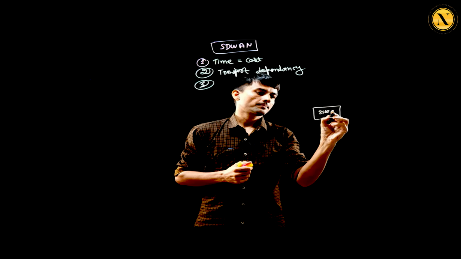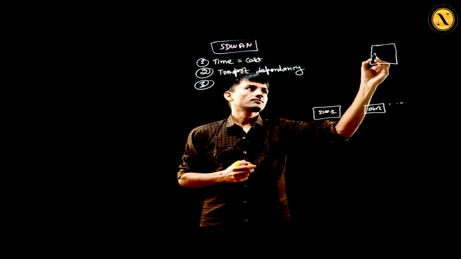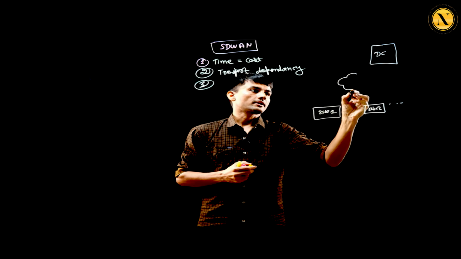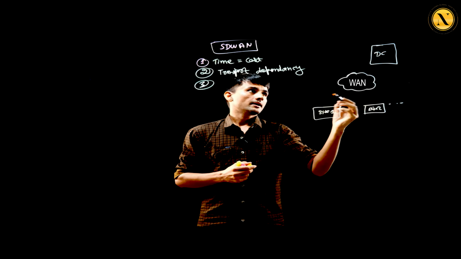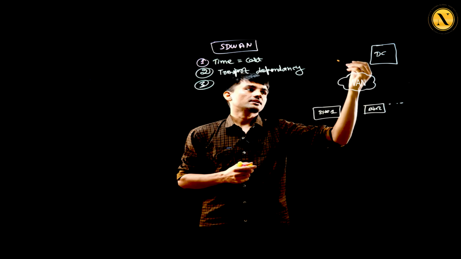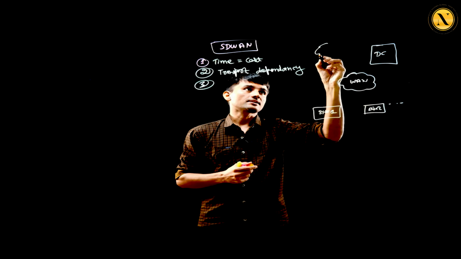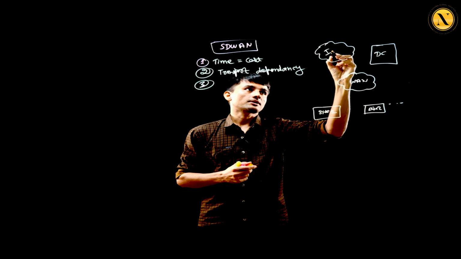This is another site, and there are some users. There can be n number of sites. This is your data center somewhere, and this is your WAN. And then there is this internet. I'm showing WAN as a different entity and internet as a different entity here. Why? I'll explain in a moment.